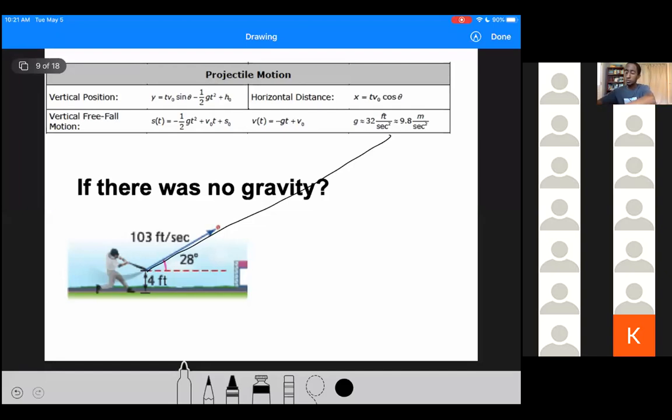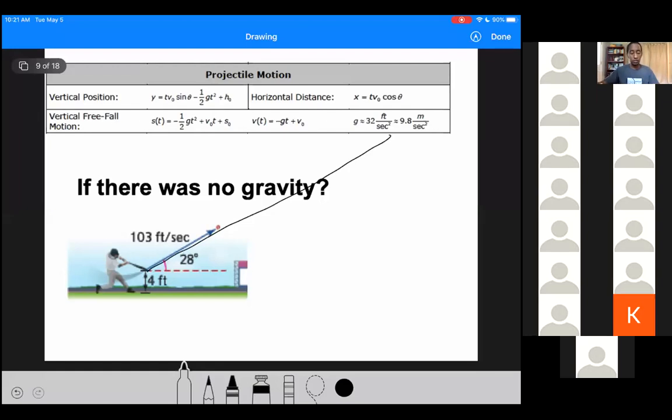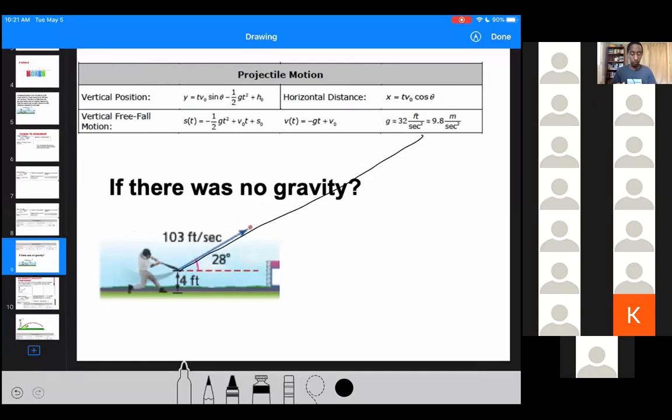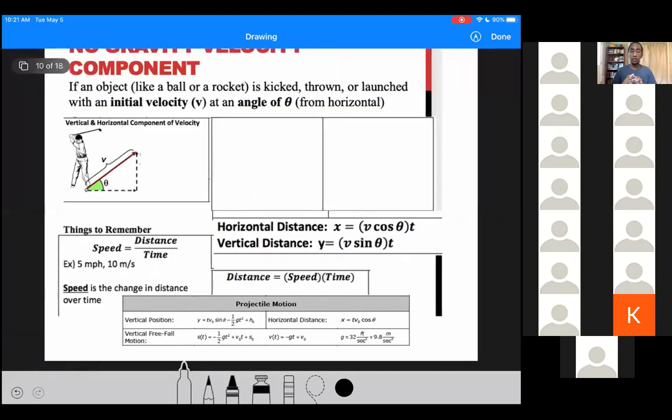Now, let me give you 1 second. Okay. Now, let's just start with the assumption of just thinking about it from the perspective of the components of that without including gravity. Okay, so we're saying assuming that the ball would just keep going straight. Okay, so let's look at this case of this ball and the ground being hit like a golf ball. So what we're going to look at is the horizontal and the vertical components of this particular ball being hit.